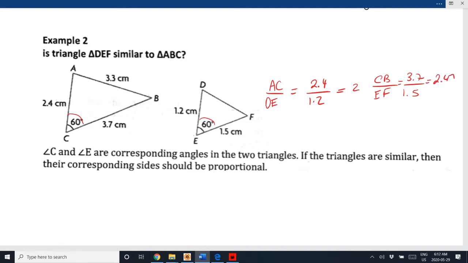This is going to be 2.47. Because the scale factor is not the same everywhere, the triangles are not similar. So we can conclude triangle ABC is not similar to triangle DEF. Okay, so they're not similar.